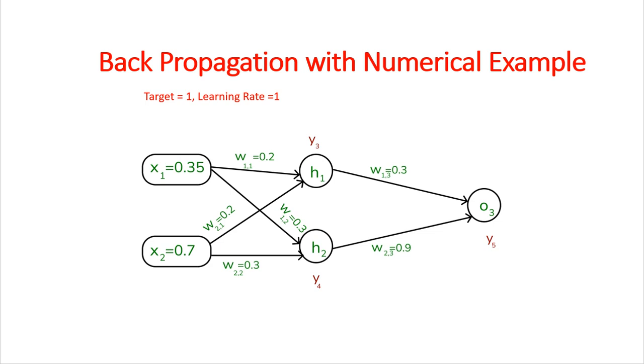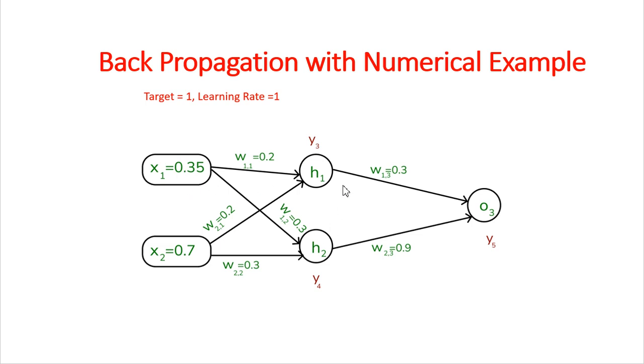In this example, the target value is given as 1 and the learning rate is 1, and the weights are given. The input values are x1 and x2, 0.35 and 0.7, and this is the hidden layer h1 and h2, and this is the output layer.